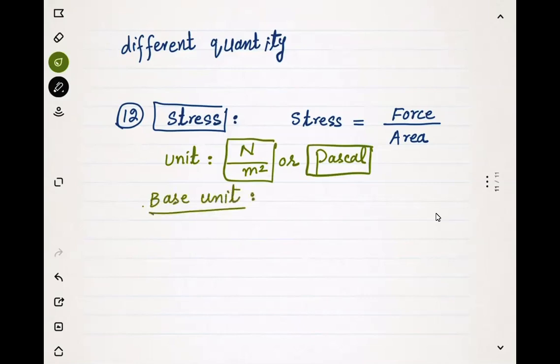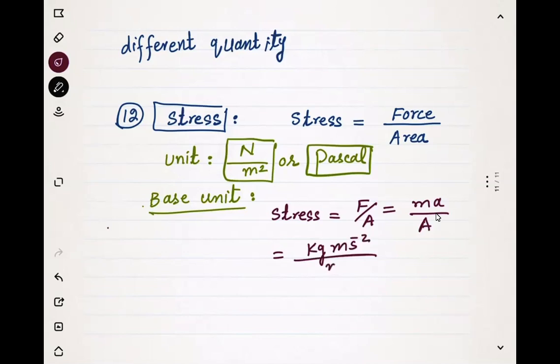If you want the base unit of stress, then according to the formula, stress is force over area. Force is MA over area, so it will become kilogram meter second minus 2 over meter square.